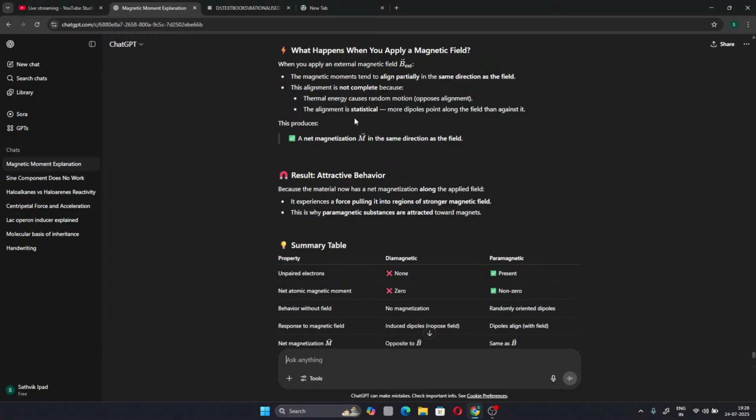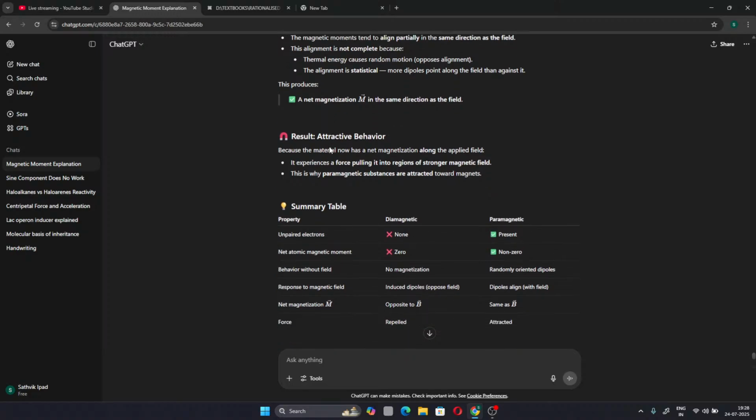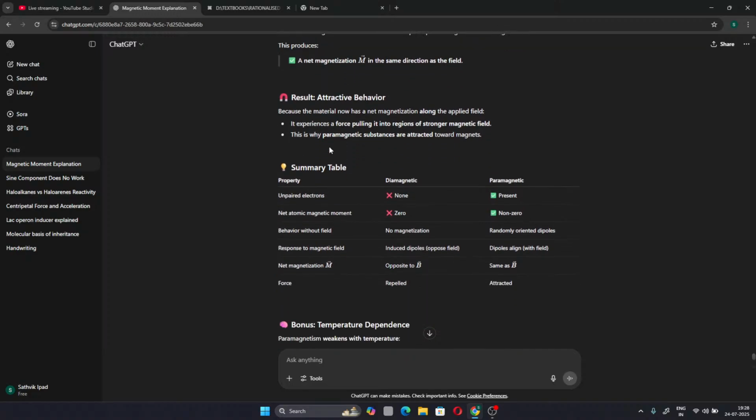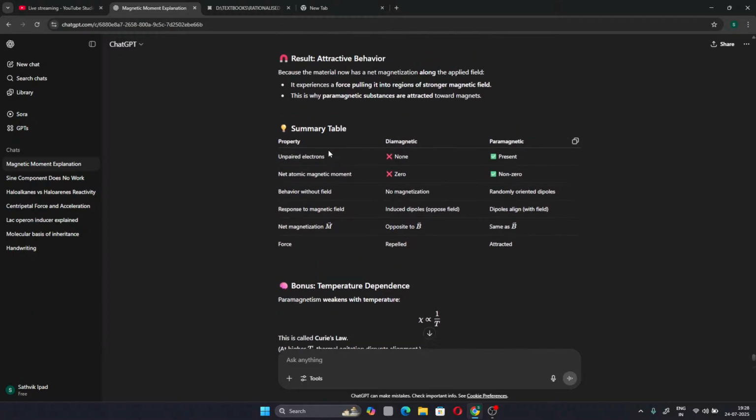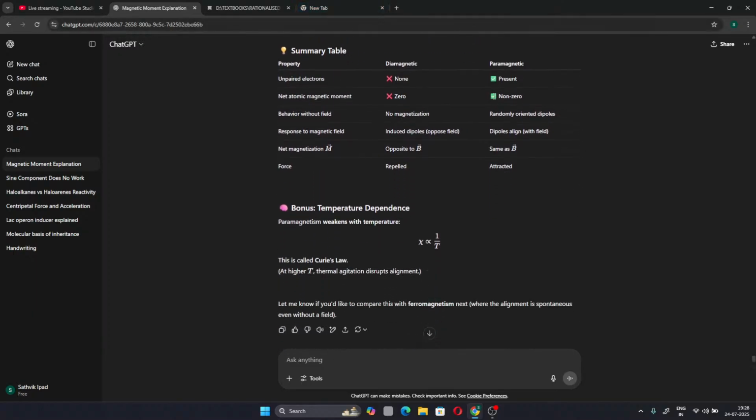This alignment is statistical: more dipoles along the field than against it, giving a net magnetization M in the same direction as the field. Paramagnetic behavior.